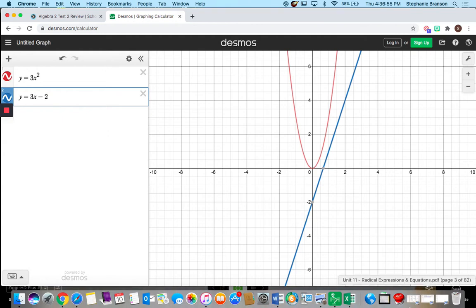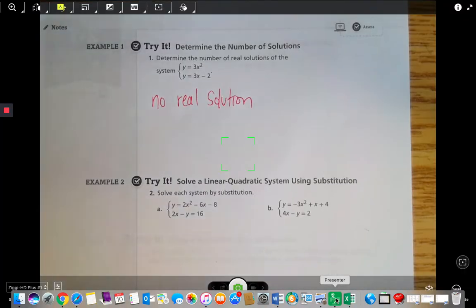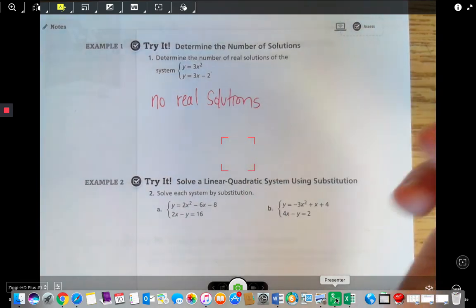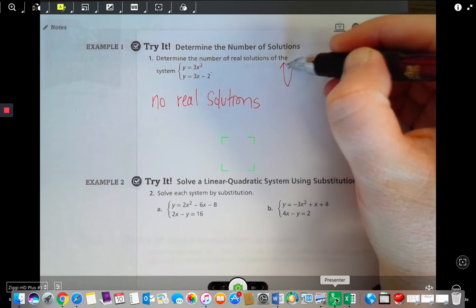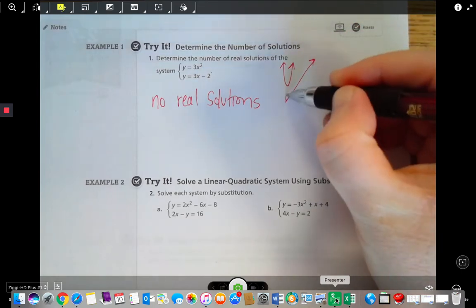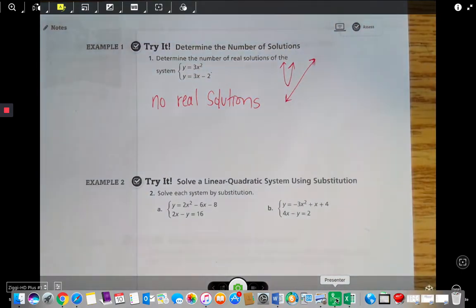Well, why would it be no real solutions? The reason it would be no real solutions is because it never ever touches. The two graphs never touch. If you want to draw a sketch of this and what it looks like so that you can remember, these two graphs are never going to touch.